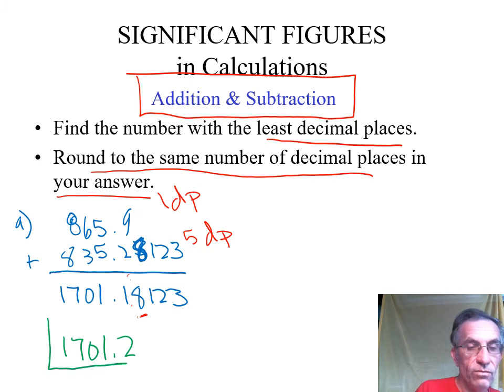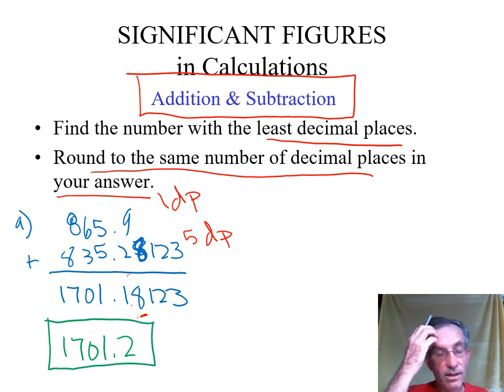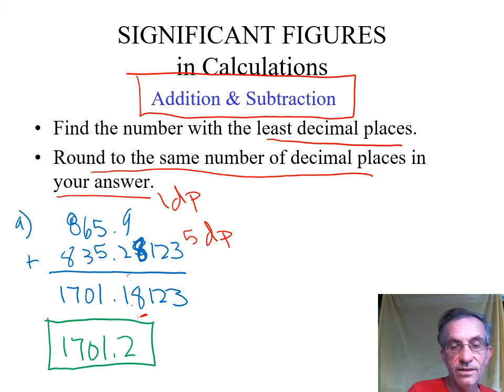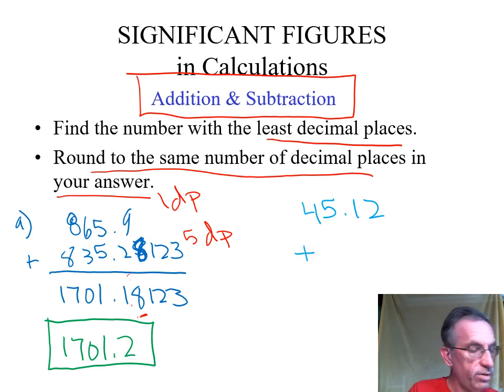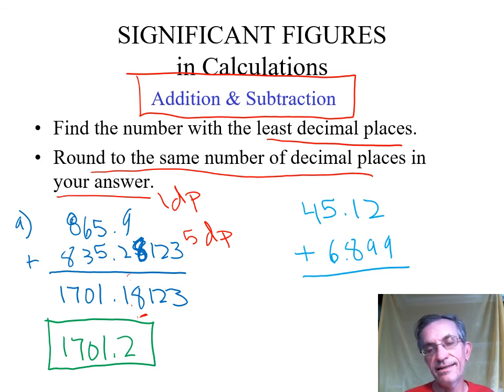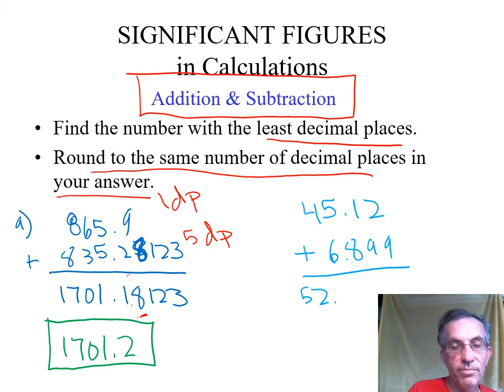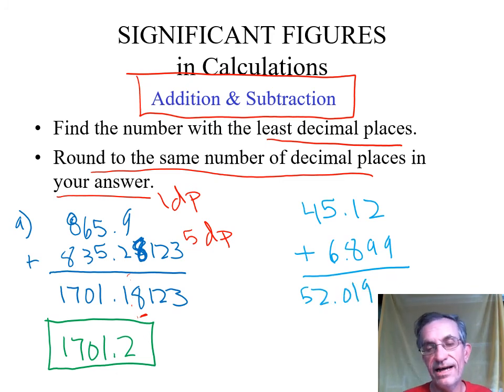All right, let me just show you one more. Let's do this one. 45.12 plus 6.899. You punch that in your calculator. Your calculator is going to tell you this: 52.019. So I'm going to round that answer though, right?